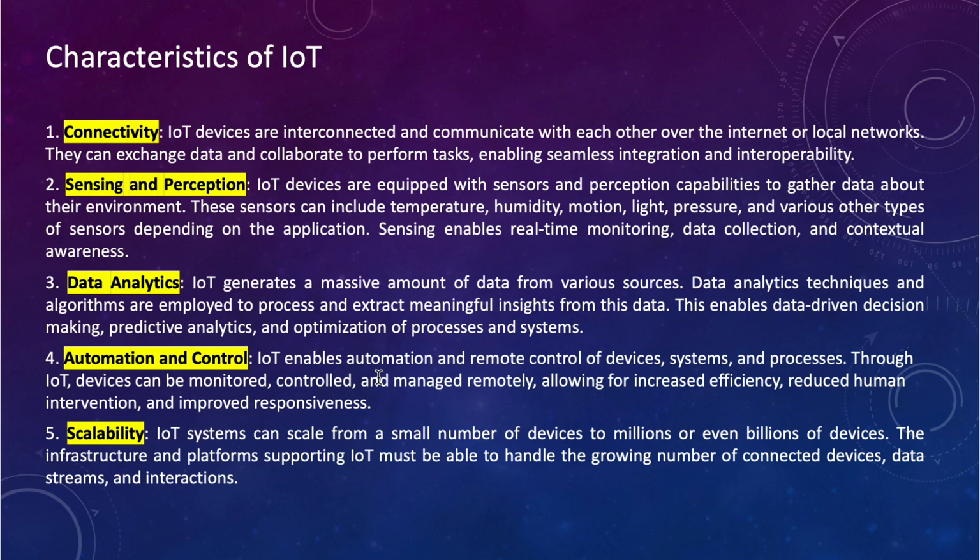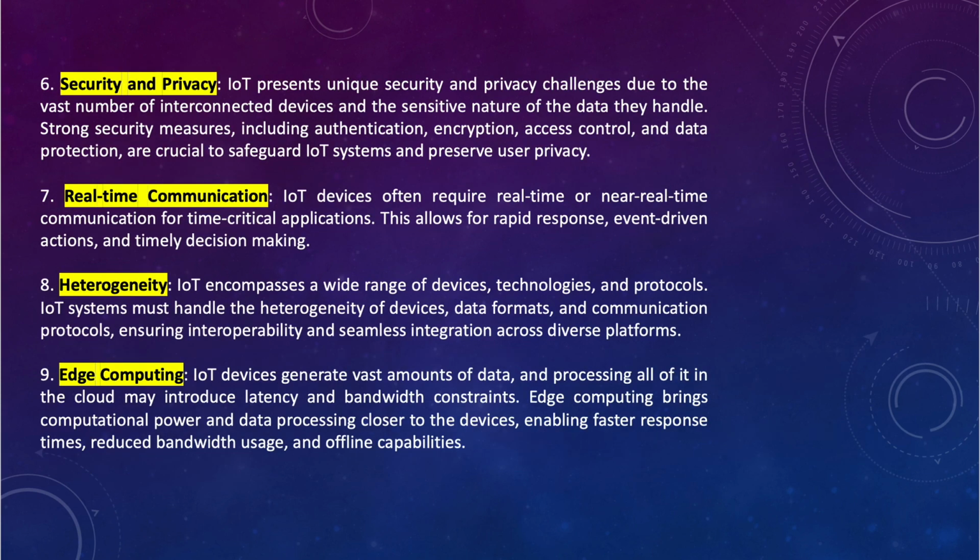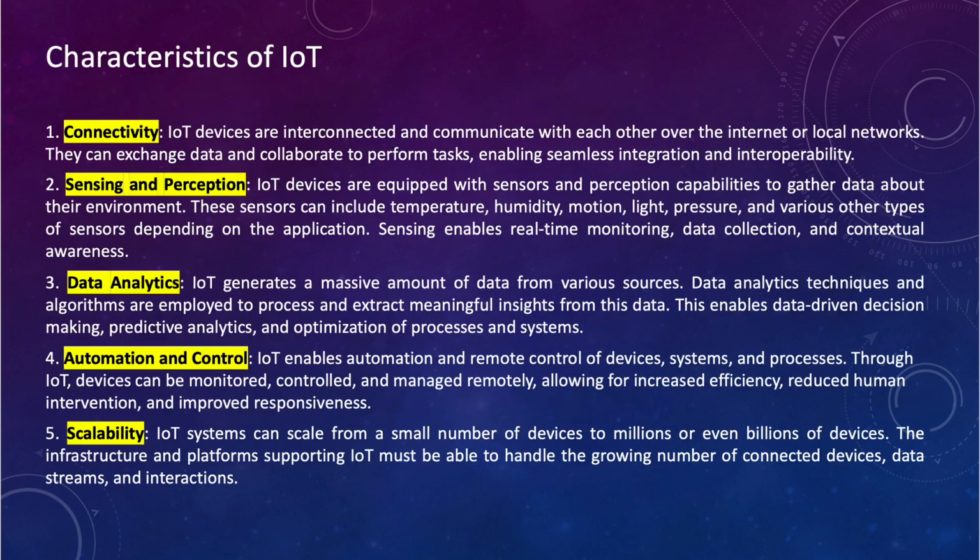So why do we have to have the characteristics of security and privacy on this? It is because of the large amount of devices involved in that network. If one device is compromised, that compromise could lead to the compromise of other devices.